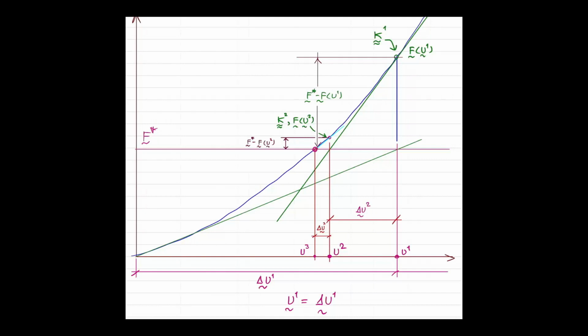So softening, hardening, you can make use of this technique. The problem that you might encounter when you use the Newton-Raphson and modified Newton-Raphson, especially for Newton-Raphson, is when your slope is equal to 0.